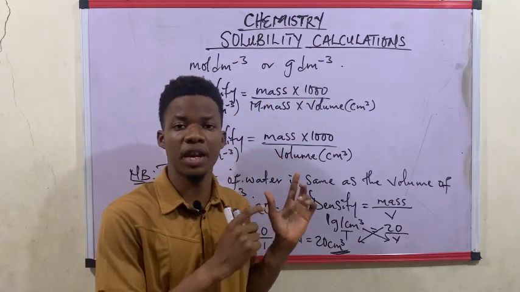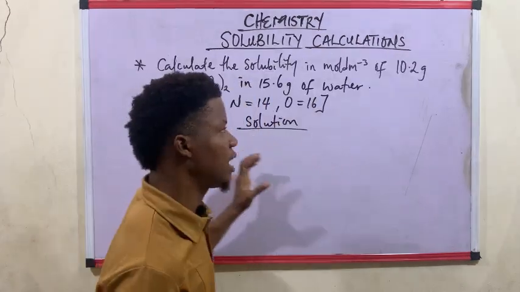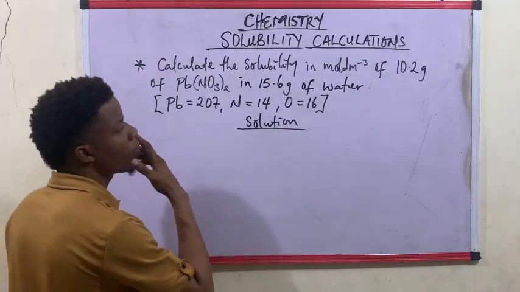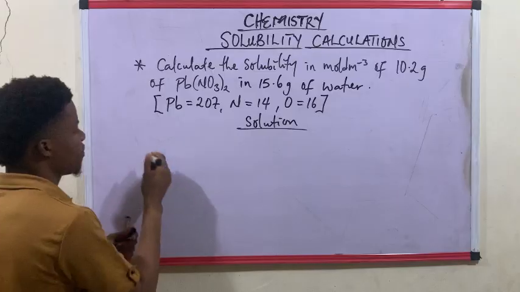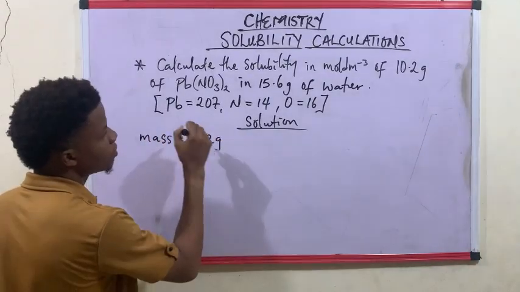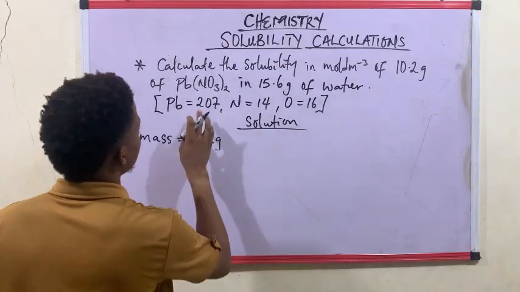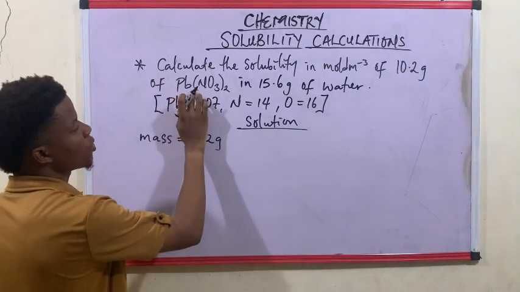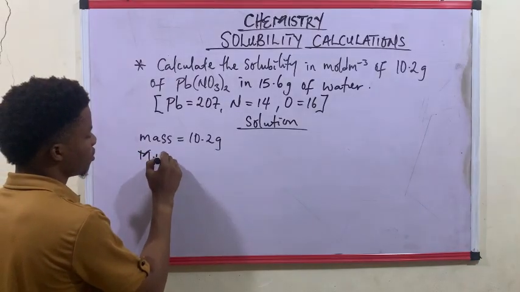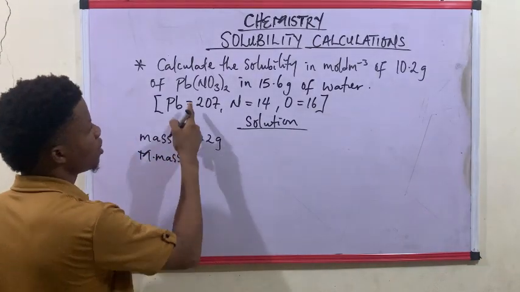Now let's go into the questions. Let's break down question 1. Question 1 says: calculate the solubility in mole per dm cube of 10.2 grams. So we're given our mass, which is 10.2 gram. Then we need to get the molecular mass. To get the molecular mass, we just add up.